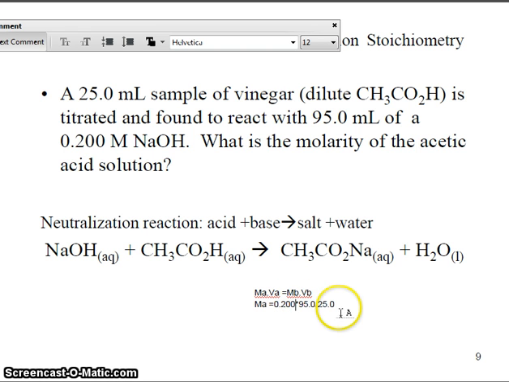Hopefully you can see that all these three numbers essentially have three significant figures. And now we are going to carry out the calculation for this problem.